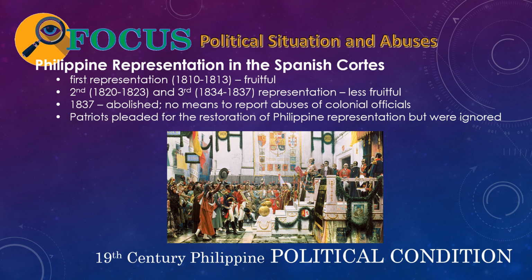Spain ignored the fervent plea of Graciano Lopez Jaena and his compatriots. Their grievance was embittered by the fact that Cuba and Puerto Rico were granted representation in the Cortes by the Spanish Constitution of 1876. Until the end of Spanish rule in 1898, Philippine representation in the Cortes was never restored.